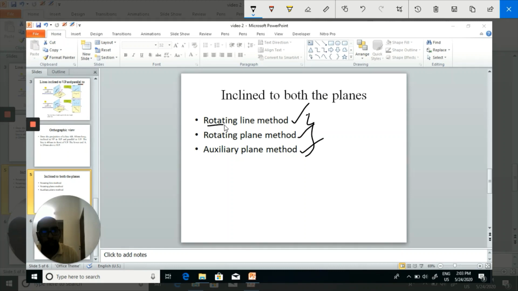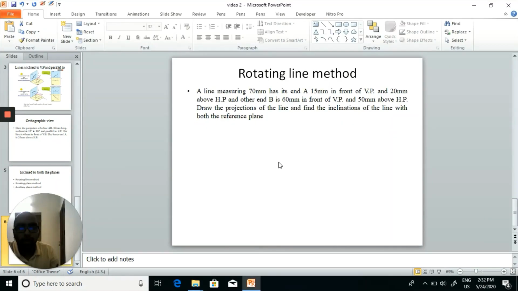So we will see how the rotating line method is used to find the true length of a line which is inclined to both the planes. The problem is when the line is inclined to both the planes, using the rotating line method.